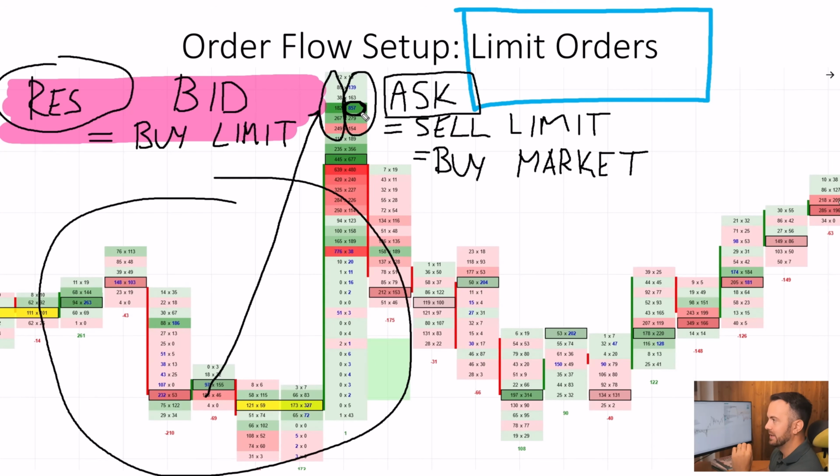It's more likely that somebody big was waiting with the limit order at this resistance level, and when the price reached that resistance, their limit order got filled. Right? So in this case, it's more likely that this heavy volume order is a sell limit. And it is a confirmation for you to jump in that trade as well.